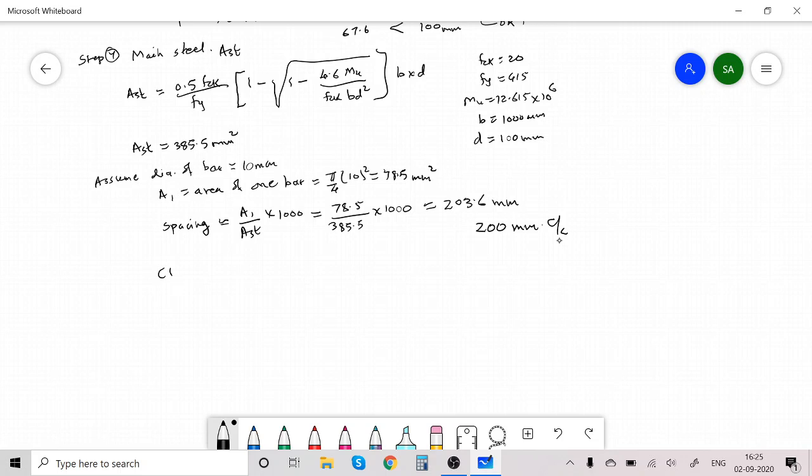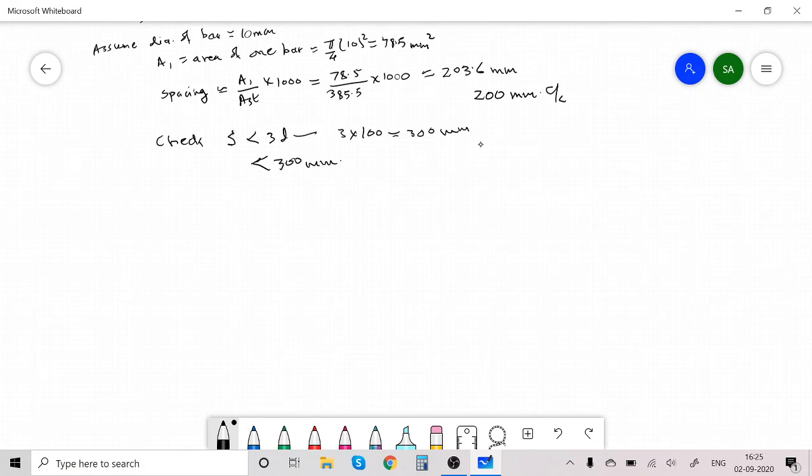Now check that this spacing is less than 3D, where D is the effective depth. So 3 into 100, that is 300 mm, and spacing should also not be greater than 300 mm. So yes, we are providing spacing as 200 mm, it is less than 3D as well as 300 mm.